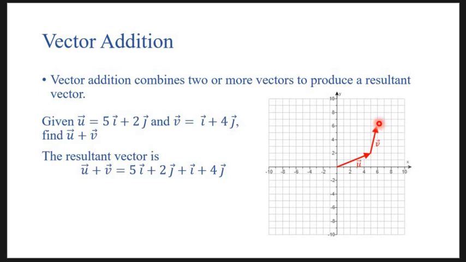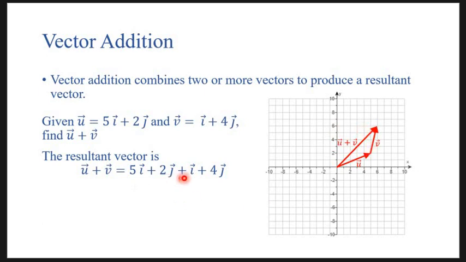Now, the terminal point of that vector is the terminal point of the resultant vector represented as a position vector. So the resultant vector is this position vector here that has the same terminal point as the new vector v. So u plus v is the vector 6, 6.